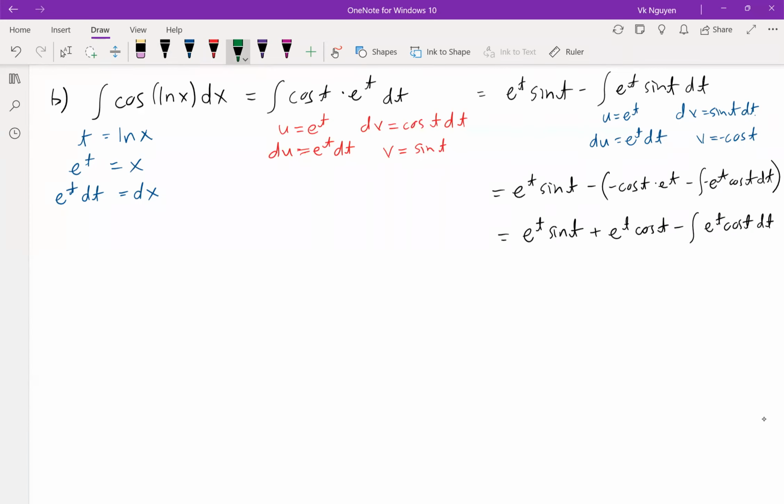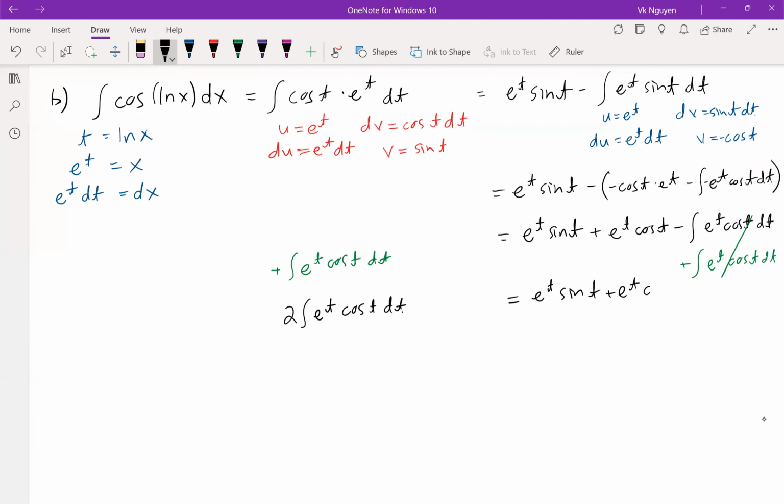So now notice that we can add the integral of e^t cosine t dt on both sides. On one side of the equation, we have 2 times the integral of e^t cosine t dt. On the other side, we have e^t sine t plus e^t cosine t.